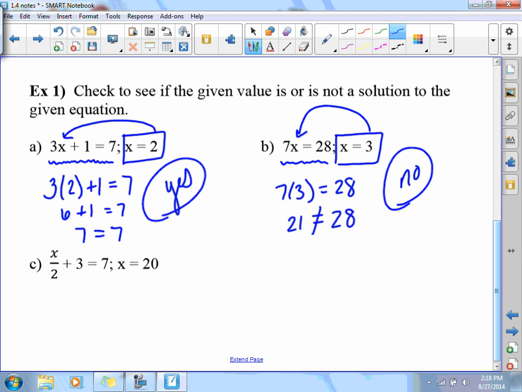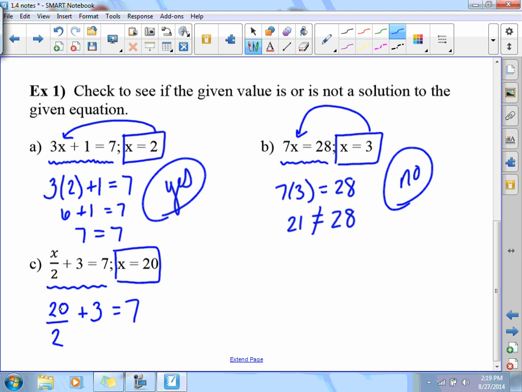And my last problem here has a fraction, sort of. You could think of it as x over 2 or x divided by 2. So you could think of it as a fraction or think of it as division if a fraction makes you feel a little nervous. But again, here's my equation, and here's the value that I'm going to substitute in for x. So I'm going to have 20 divided by 2 plus 3 equals 7.